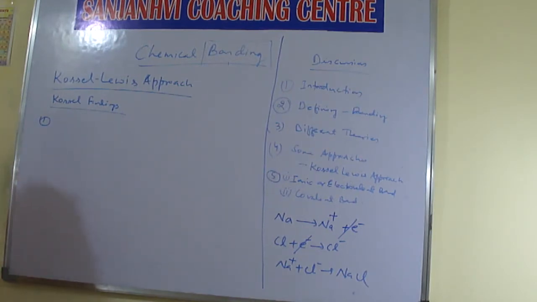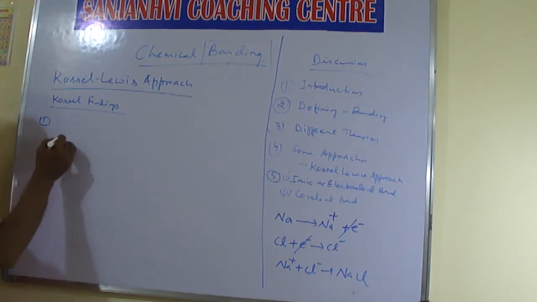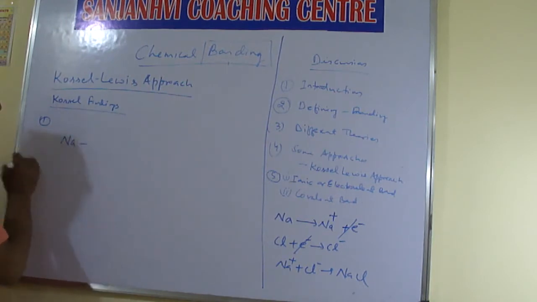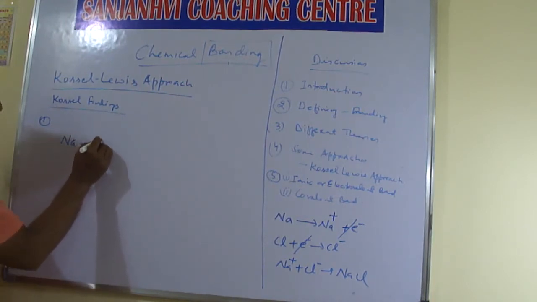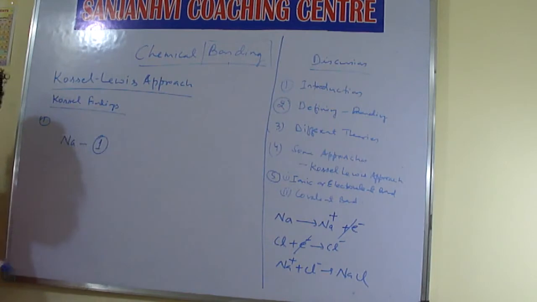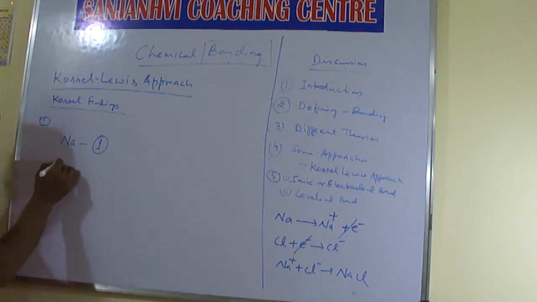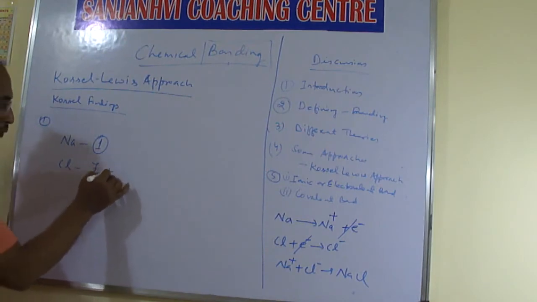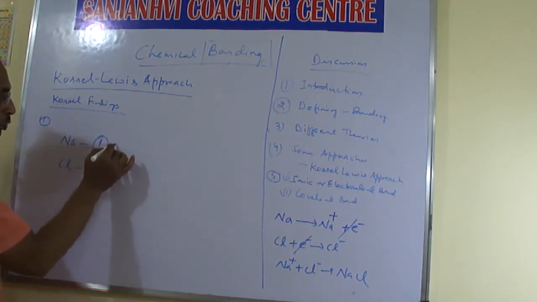Take lithium, sodium, potassium and fluorine, chlorine, bromine. Sodium has 1 electron for participating, and chlorine has 7 electrons. So it wants to gain 1 electron, and the other wants to lose 1 electron.